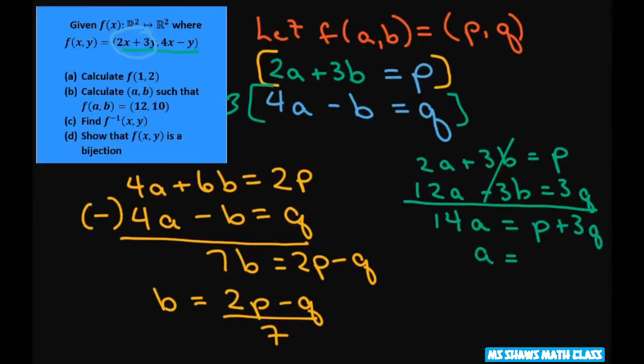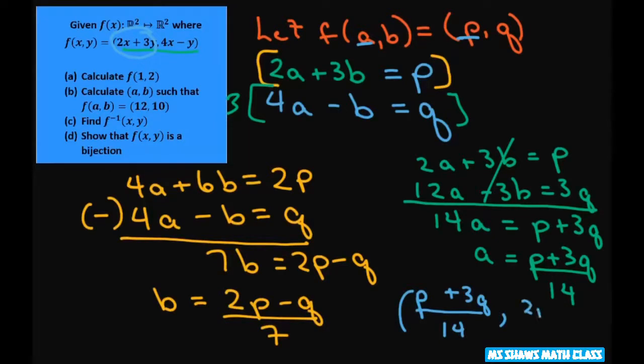So a is p plus 3q divided by 14. So basically your answer is going to be, your a goes with this part, so that's going to be p plus 3q divided by 14. And then the b part is 2p minus q divided by 7.